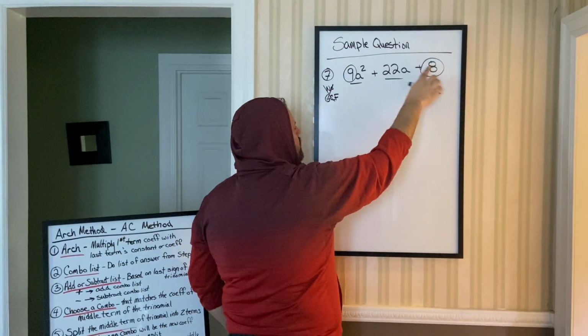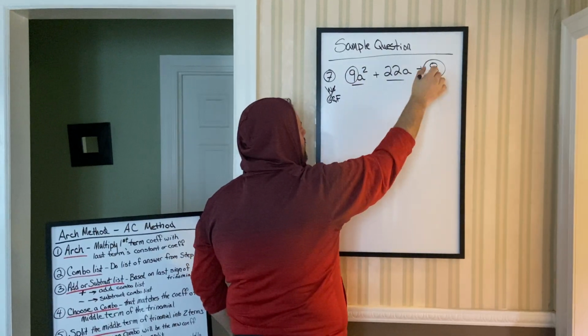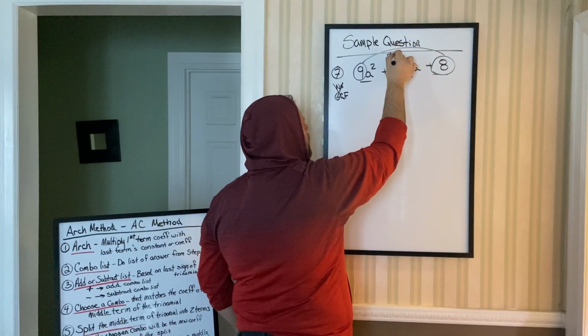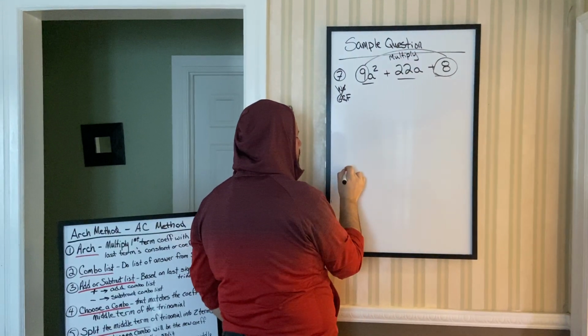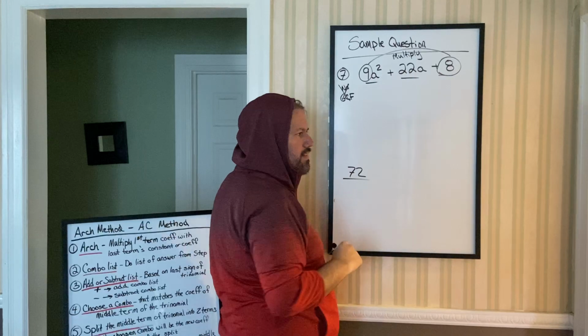ARCH, remember, is take the 2 numbers, the coefficient and the constant, and multiply. When you multiply, we're going to get an answer of 72. That's step 1.